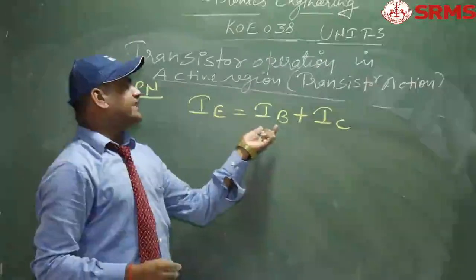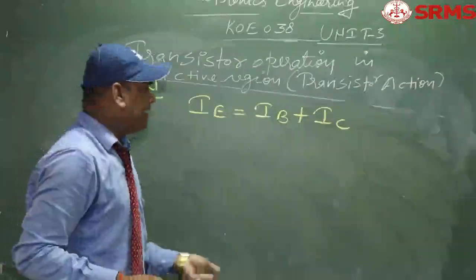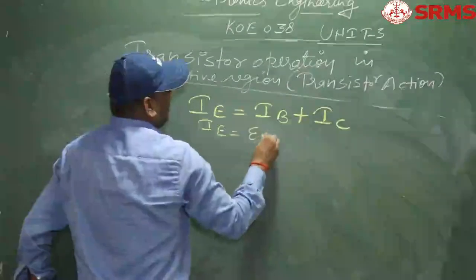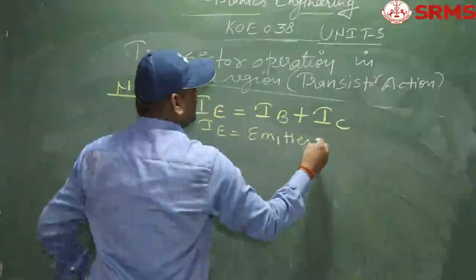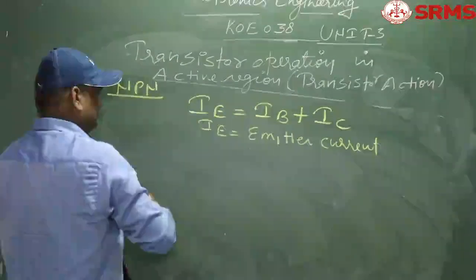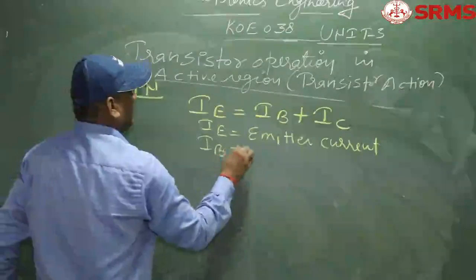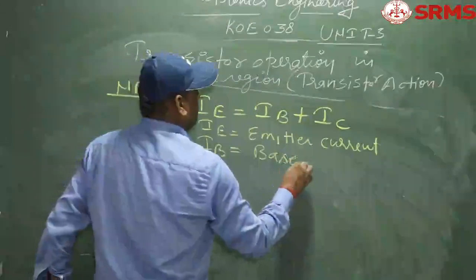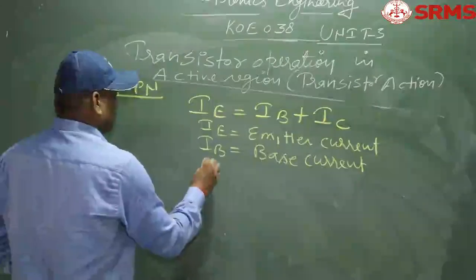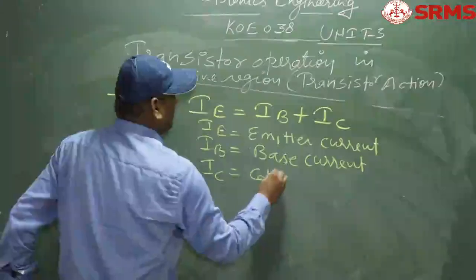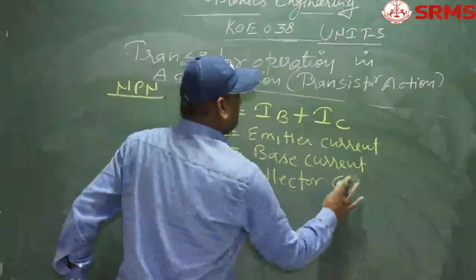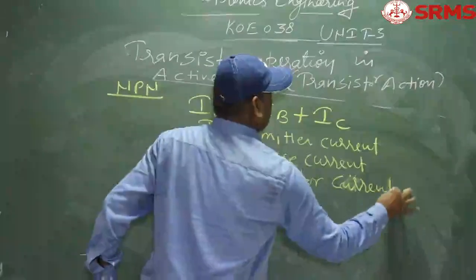So the emitter current is the sum of the base current and the collector current. IE is the emitter current, IB is the base current, and IC is the collector current.